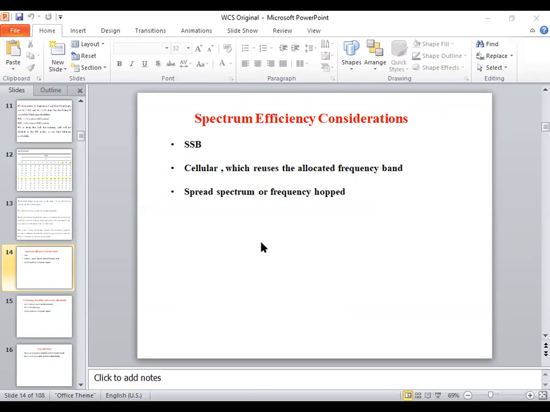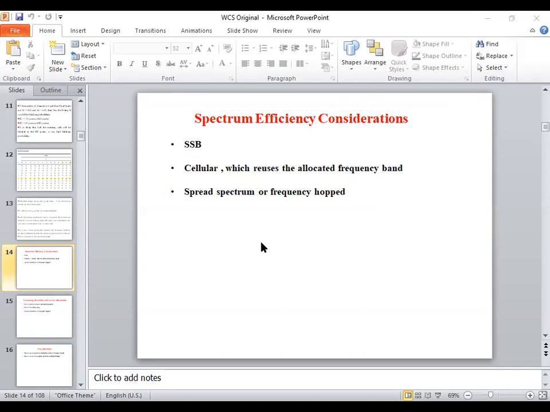There are three major approaches to achieve the ideal conditions. First is to use single sideband, which divides the allocated frequency band into the maximum number of channels. Second is to use cellular, which reuses the allocated frequency band in different geographic locations, meaning the same frequency should be used in two different areas.